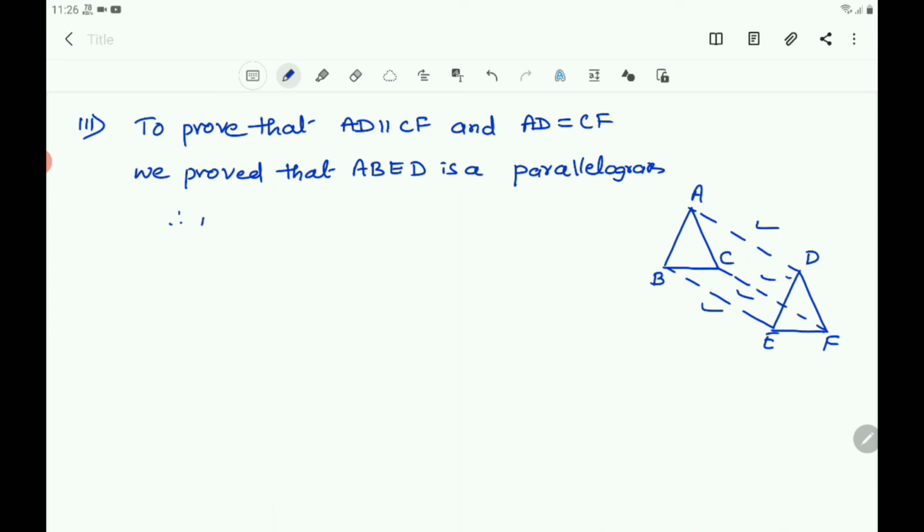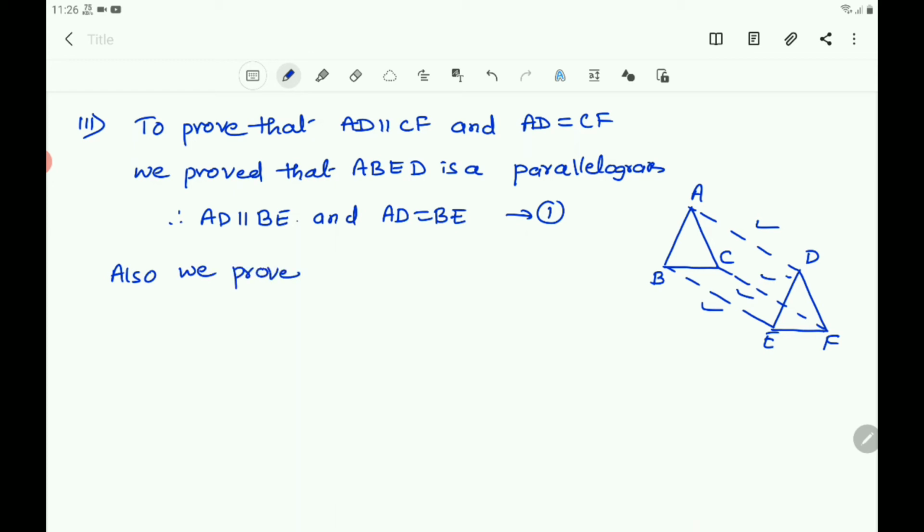Therefore, you can write AD is parallel to BE and AD equals BE. Consider this as the first. And also we proved that BEFC is a parallelogram.